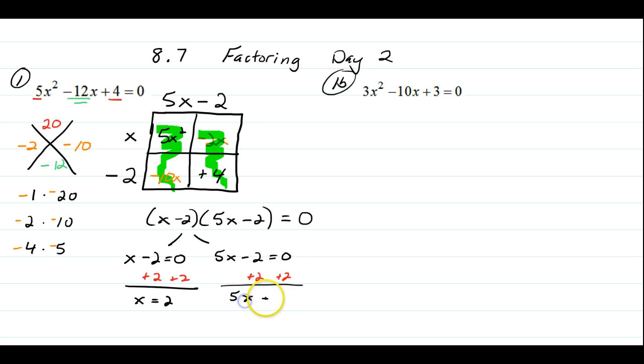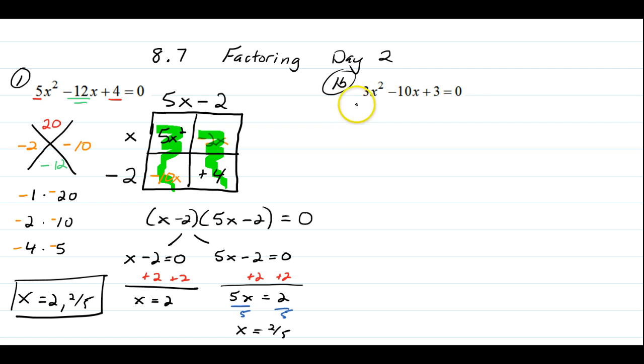So we get 5x equals 2. Divide both sides by 5. The fraction can't reduce. The top number is smaller, so it stays a fraction. So we get 2/5. So our answer is x equals 2 and 2/5.